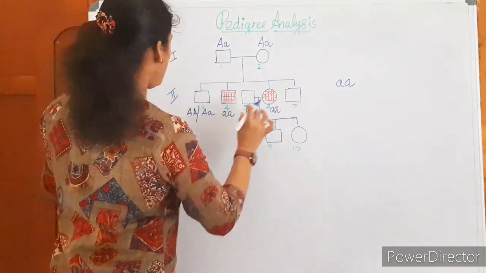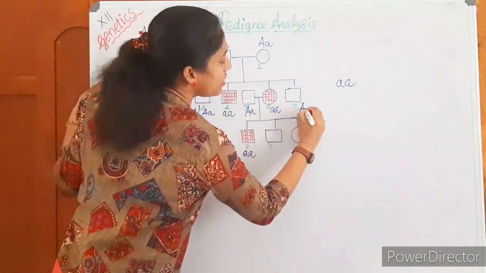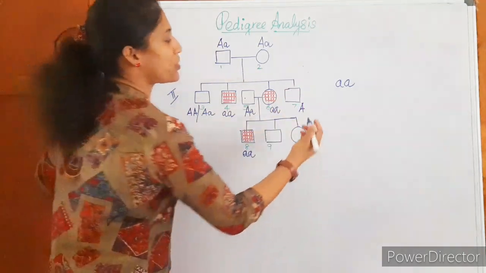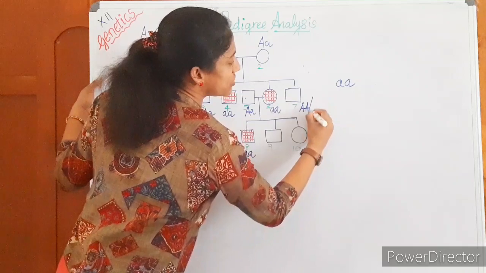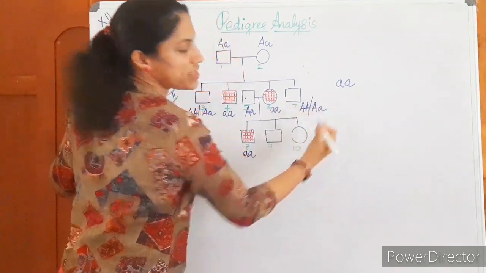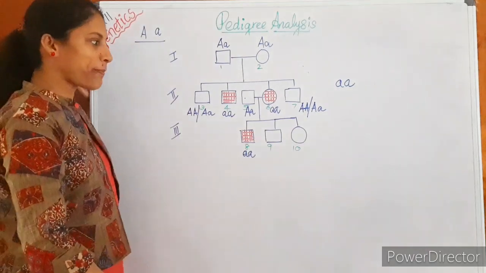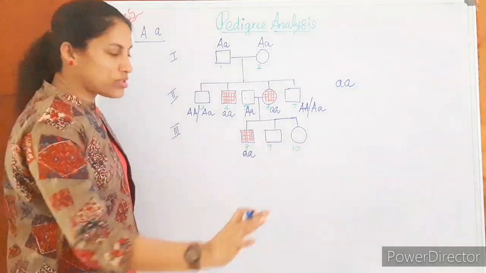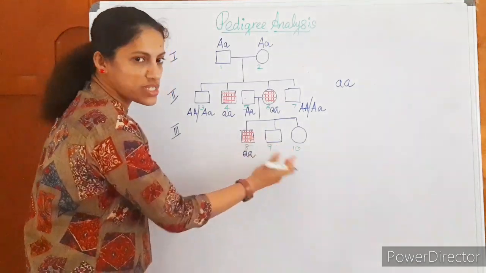Then about the seventh member. When we get the next generation, we may be able to confirm it. So far, we can write only capital A capital A or capital A small a, either of these. Then these two, there is no doubt, very easily you can write. This is not small a.